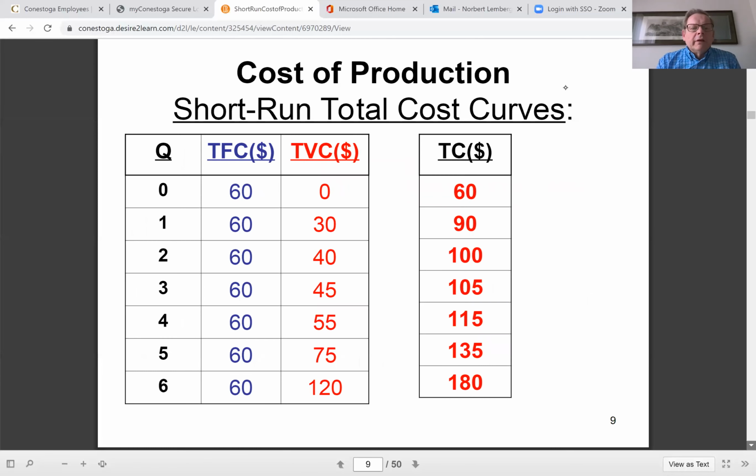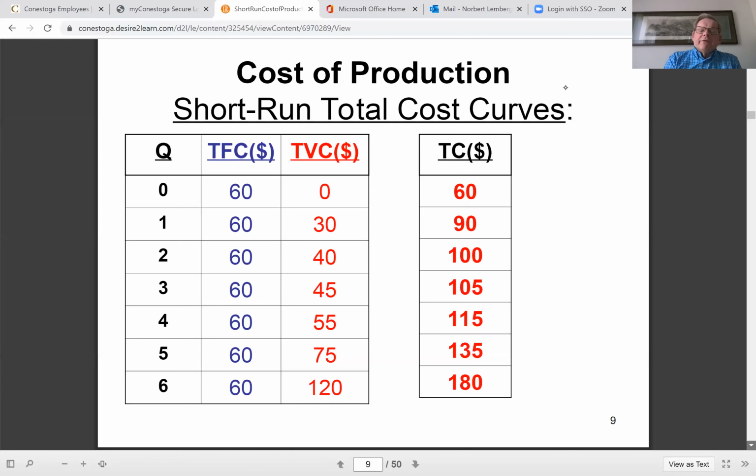So here is that table. Your total fixed cost plus your total variable cost equals your total costs. So 60 plus 0 is equal to 60. 60 plus 45 is 105. 60 plus your variable costs of 120 is 180.